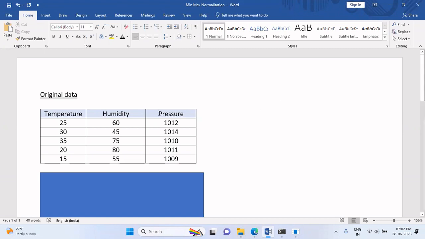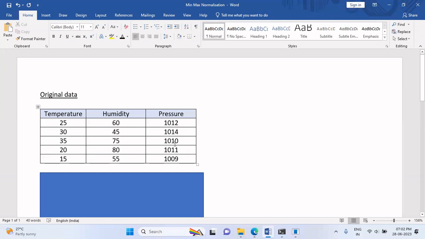So let's consider a dataset consisting of three features: temperature, humidity, and pressure. If you observe here, the temperature values are 15, 20, 35, 30, 25. These are smaller values. Humidity values are also smaller compared to the pressure values, which are 1012, 1014, and 1010.